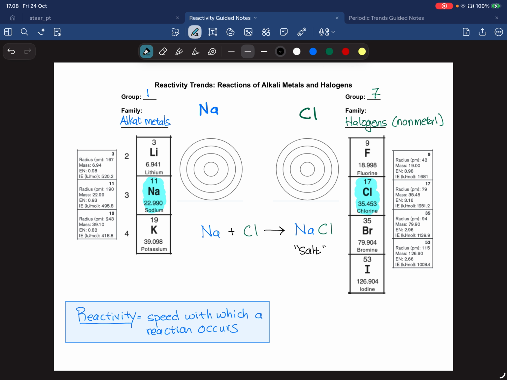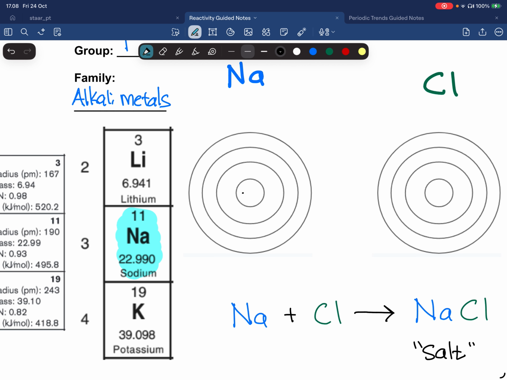All right, so here we go. Sodium, if we look at it in the periodic table, has 11 protons, so we have a positive 11 in the nucleus. That means it has 11 electrons when it's neutral, so 1, 2, 3, 4, 5, 6, 7, 8, 9, 10, 11.